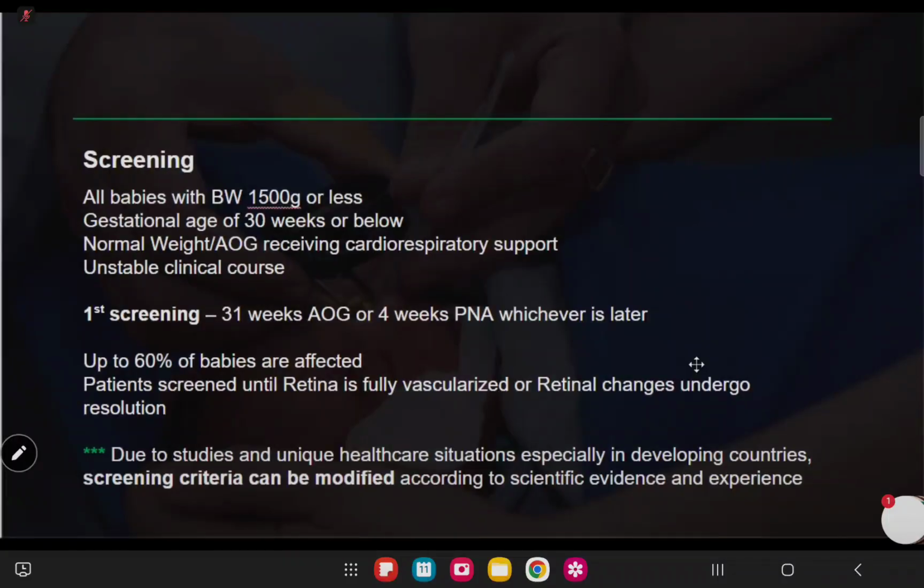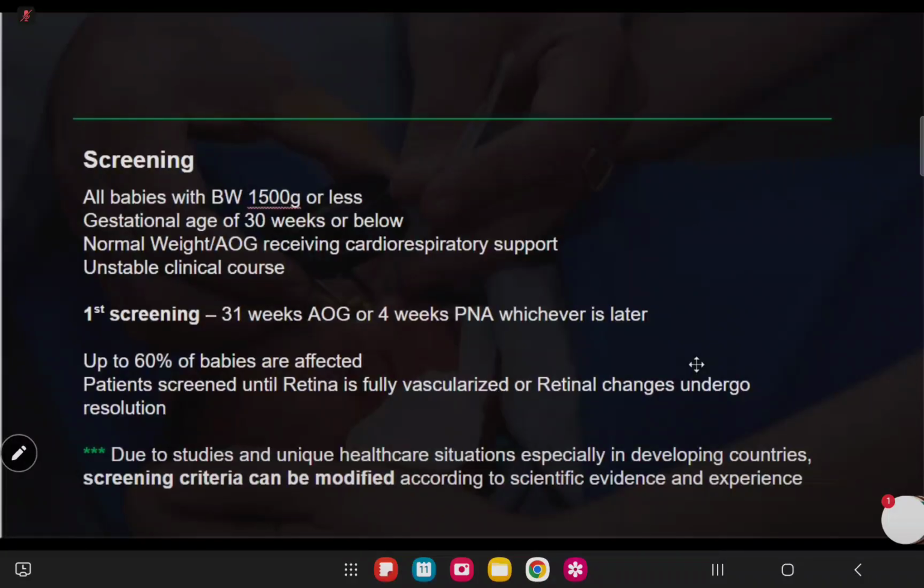In Nelson's, their subjects are Caucasian babies, so usually the birth weight is heavier. If I'm not mistaken, the requirement for the Nelson's is less than 2,000 grams. But you have to correlate.